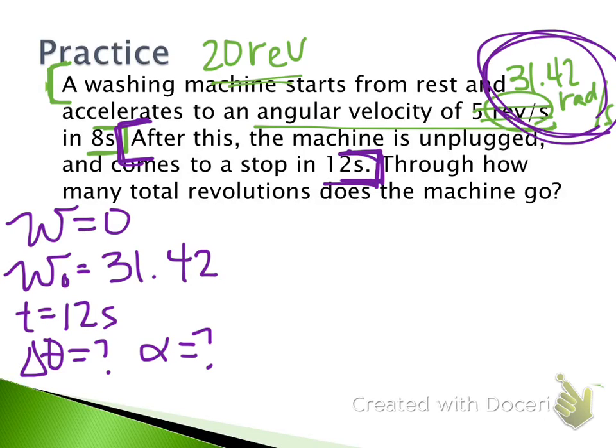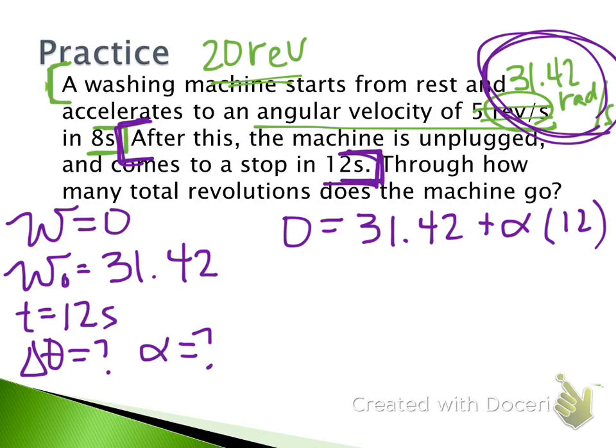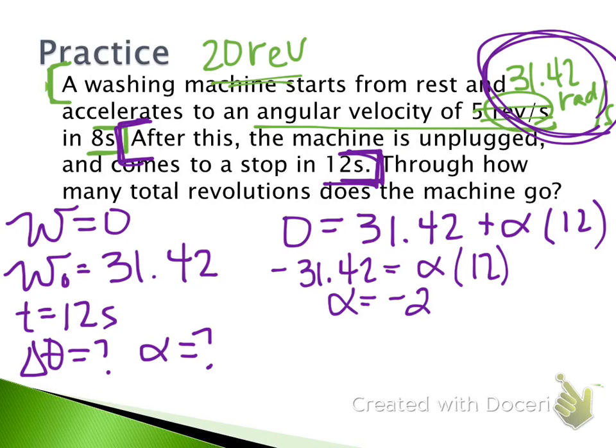We can use our easy equation to solve for angular acceleration: 0 equals 31.42 plus alpha times 12. So negative 31.42 equals alpha times 12, which means alpha is equal to negative 2.61 radians per second squared.